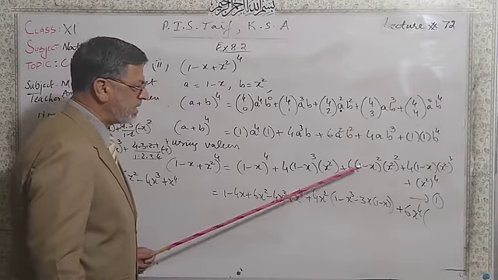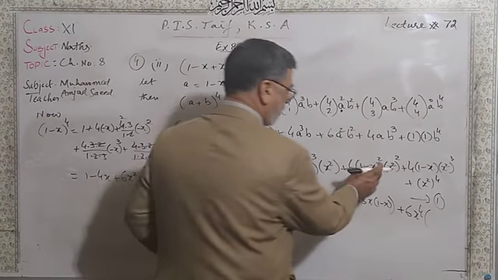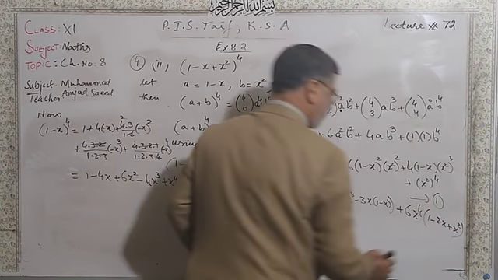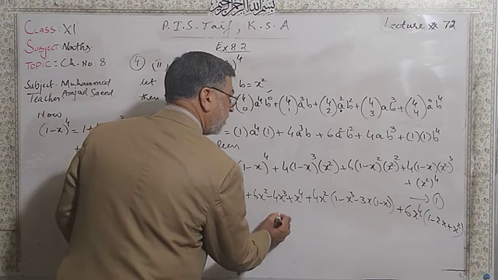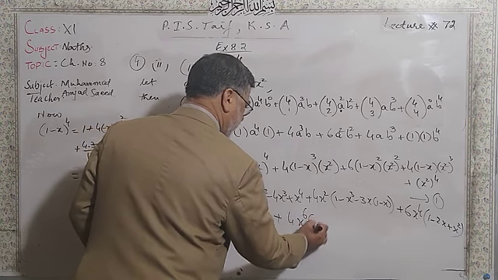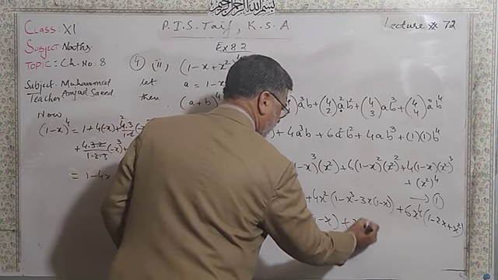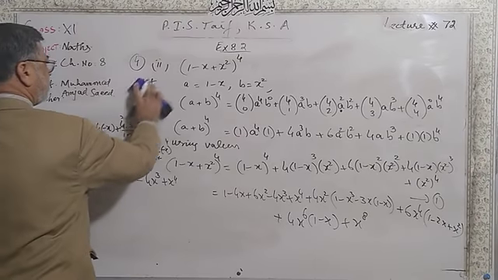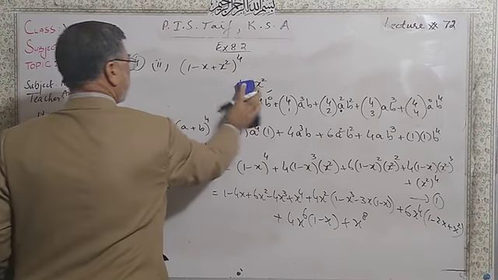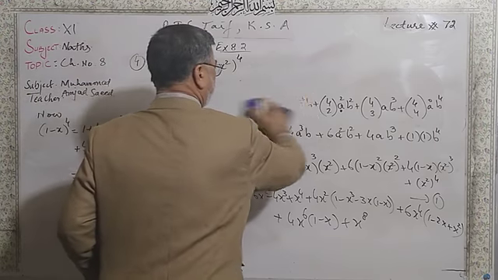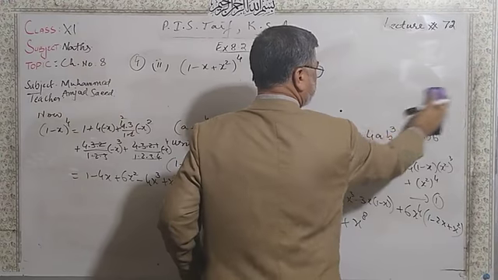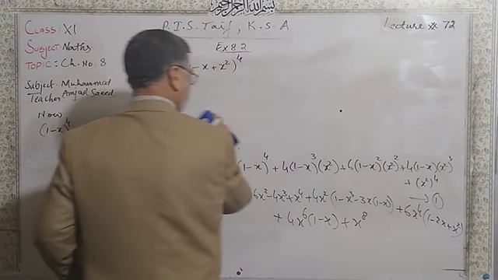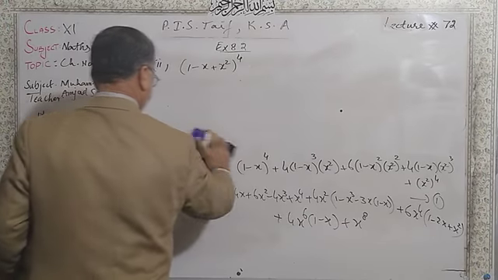X square whole square is 6x power 4. Open up the formula of square: 1 minus 2x plus x square. Then plus 4x6 into 1 minus x plus x8. So dear students, we will write down ascending powers of x here. Ascending powers of x.